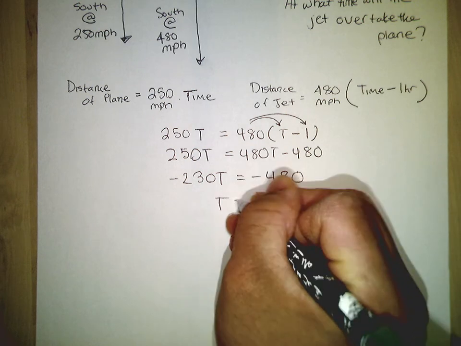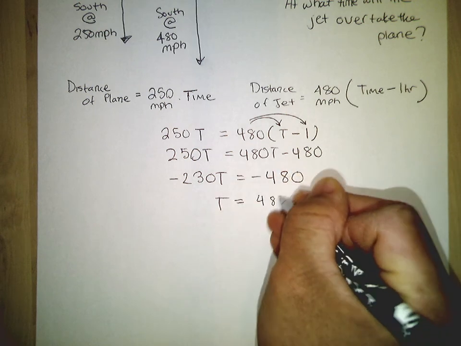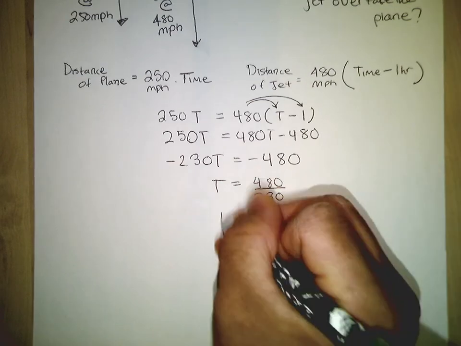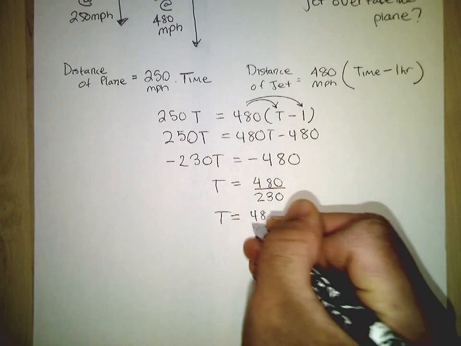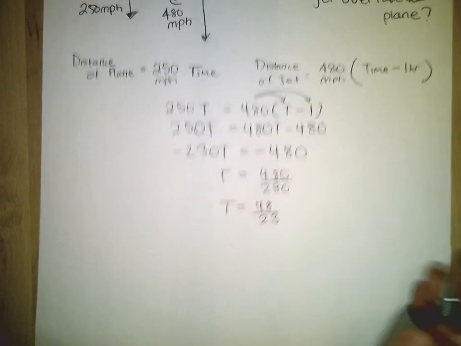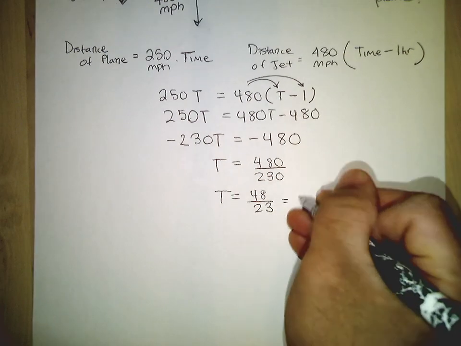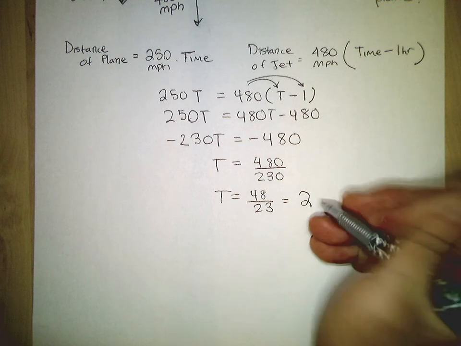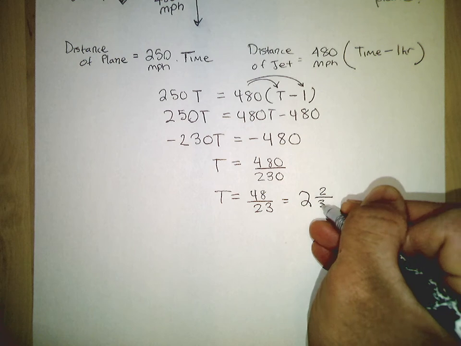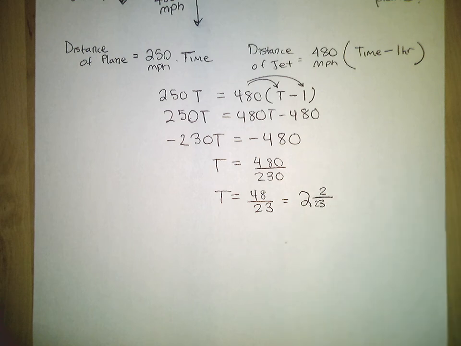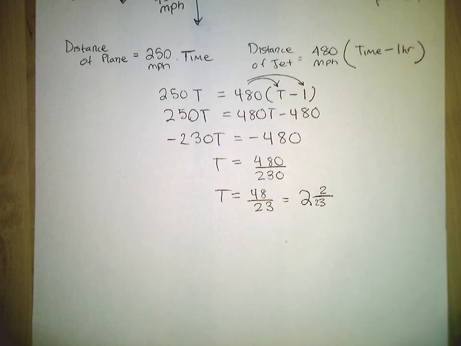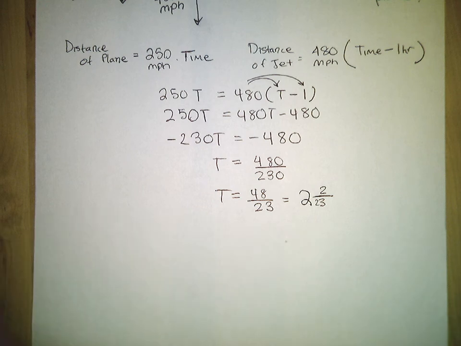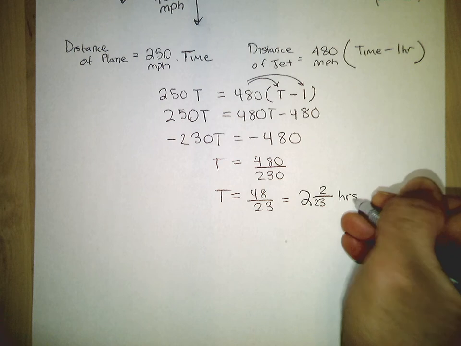Then I'll go ahead and divide by 230. So t is 480 over 230, or t is 48 over 23, and that is 2 and 2/23 of an hour. Now I need to figure out what that is in minutes.